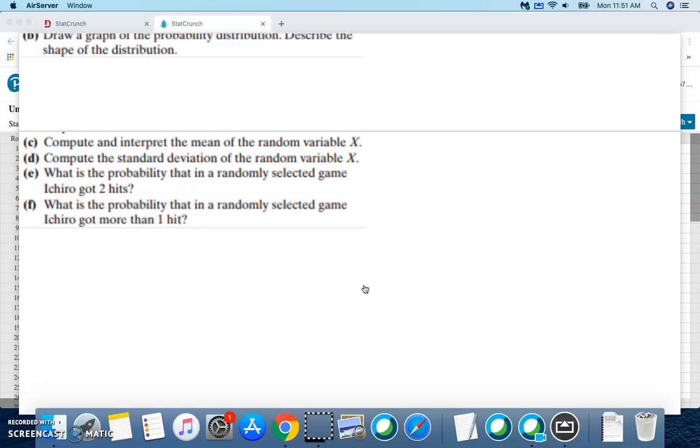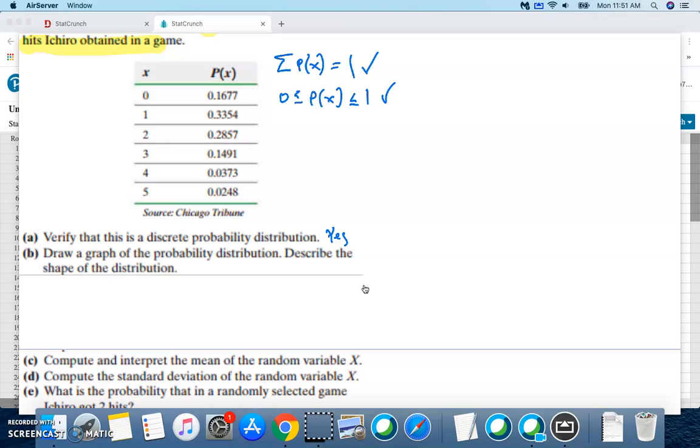So again, remember the mean is, well, I'm going to come up here so we can see this. The mean is the sum of each value times its probability.